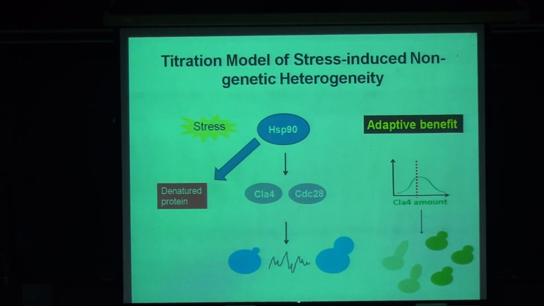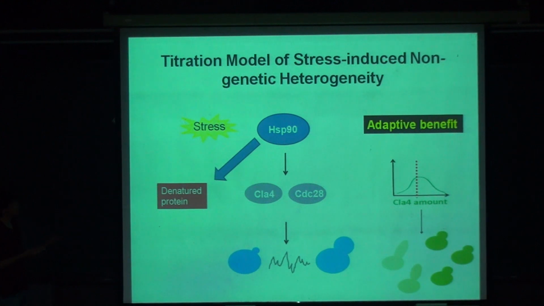But however, in order to prove it is exactly what we predict, we have to show two things. Because if this model is correct, then you predict two things. First, because now the Hsp90 is titrated to work on those denatured proteins, the protein level of these key regulators should be reduced, just like when we treated the cell with a drug in the previous slide.